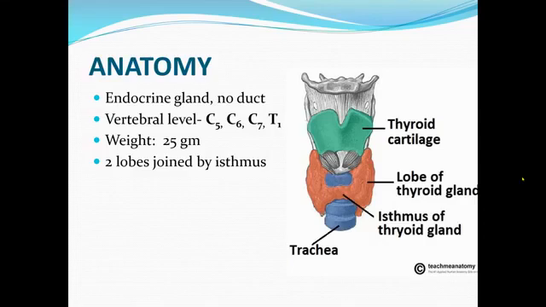During swallowing, the laryngeal cartilage and hyoid bone move up and down. So the thyroid gland also moves up and down during swallowing because of the attachment of the capsule.